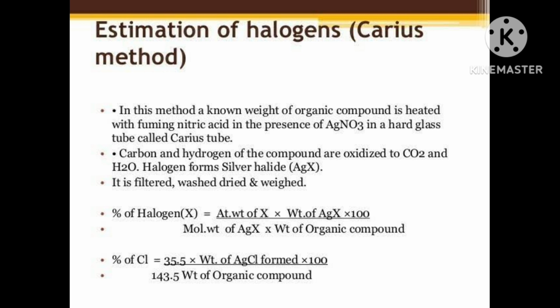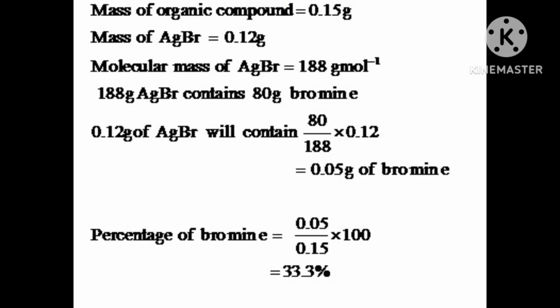Actually, you can use a desiccator. How will you dry it? In a desiccator, anhydrous calcium chloride will be there. Desiccator is one instrument. It will be covered, air can't enter inside. Inside, dry anhydrous calcium chloride will be there. It will absorb the moisture of the barium sulfate.